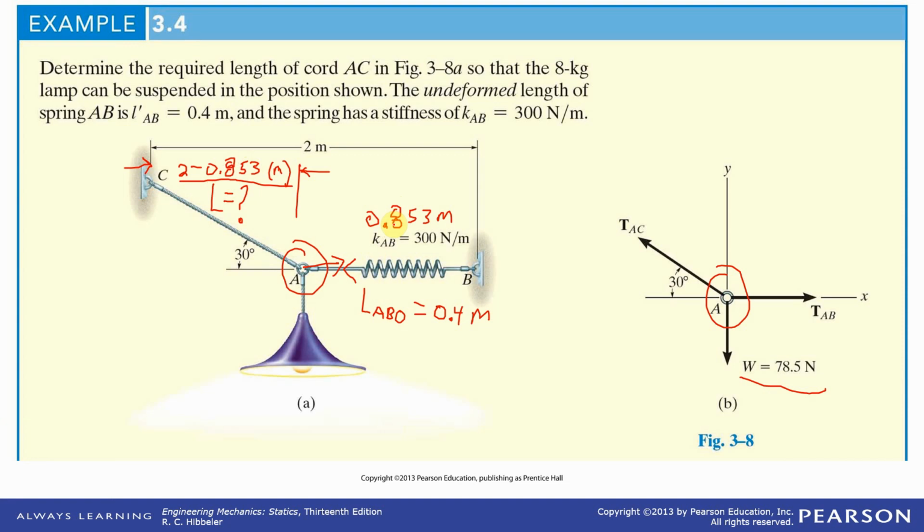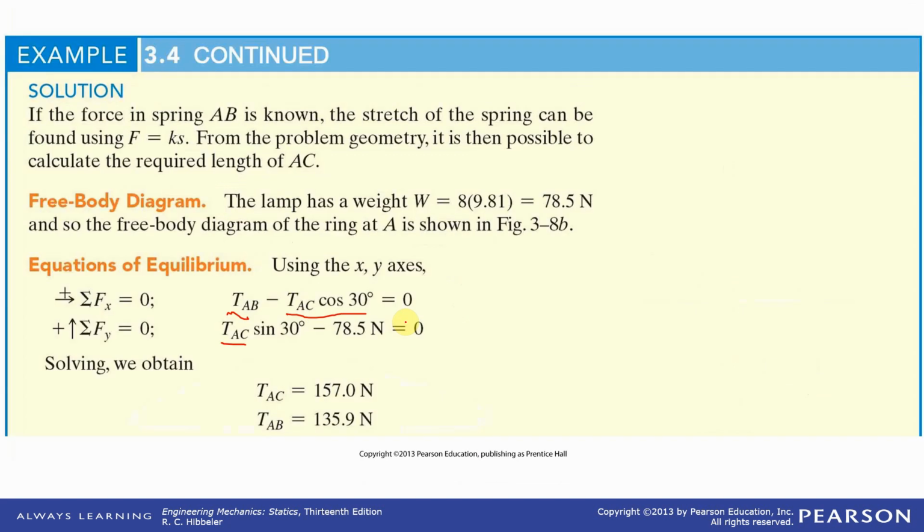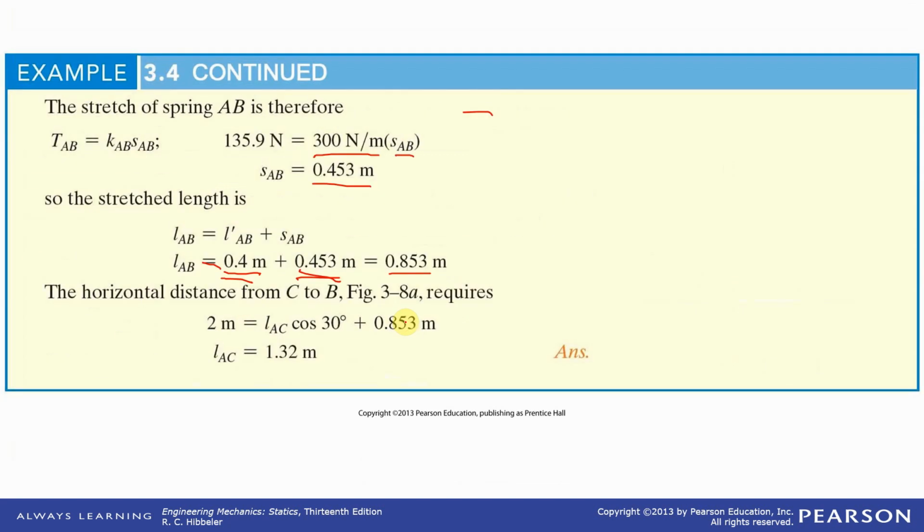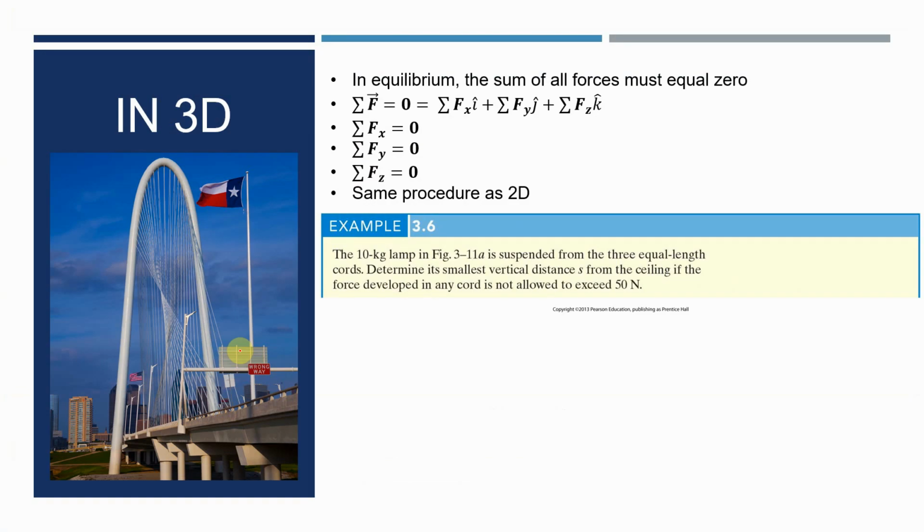In fact, on some of the exams, I might ask you to strictly work in variables, not in numbers at all. Okay. 0.853. Then like I said, L_AC cosine 30 plus 0.853 will have to equal 2, and then solve for L_AC. That's the end.